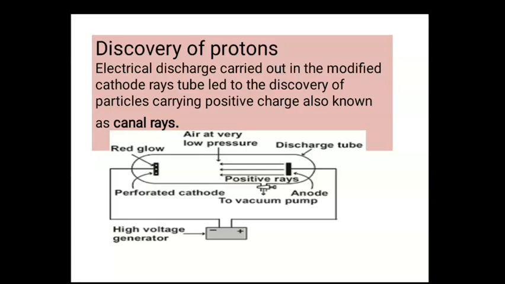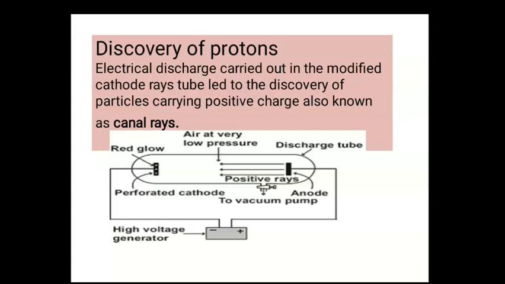Now the question arises, what is the origin of these anode rays? Anode rays are positively charged particles. But how were they generated? They were generated when an electron from the cathode knocked out a gas particle taken inside the discharge tube.